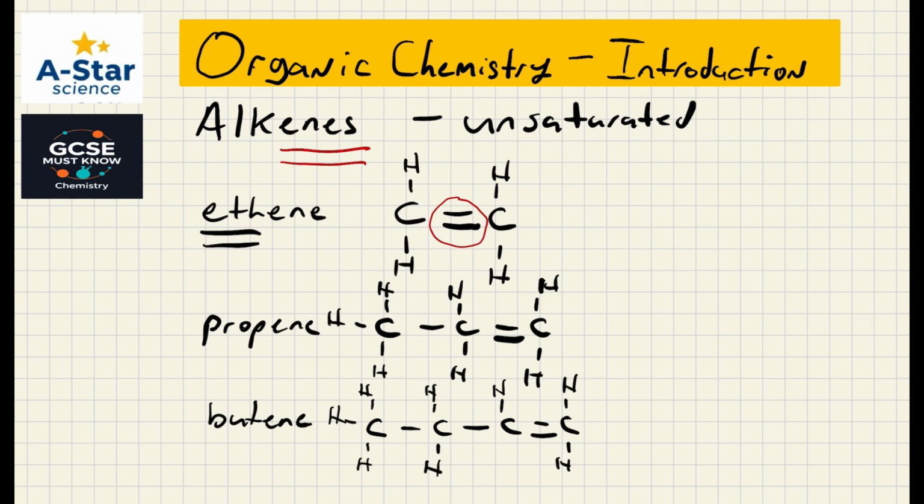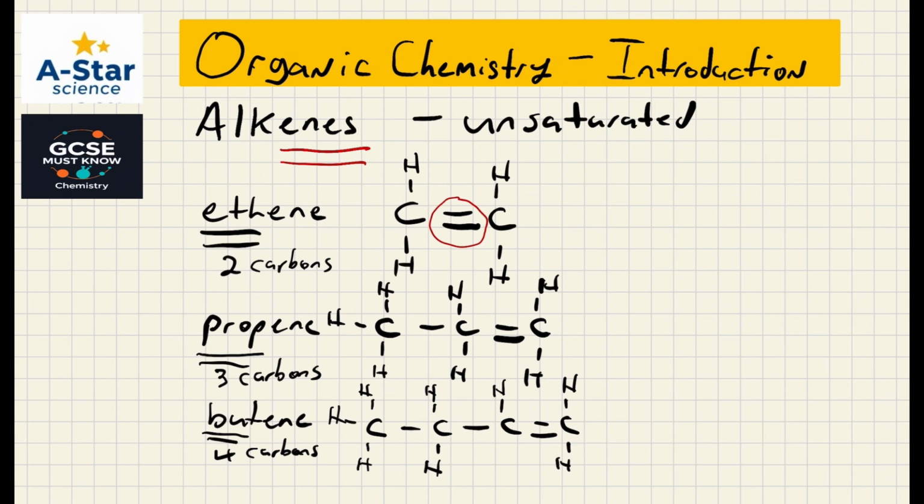Making sure that each carbon is bonded to 4 other things. We use the same nomenclature, prop, eth, but, to indicate the numbers of carbons. So ethene has 2 carbons, propene has 3 carbons, and butene has 4 carbons.